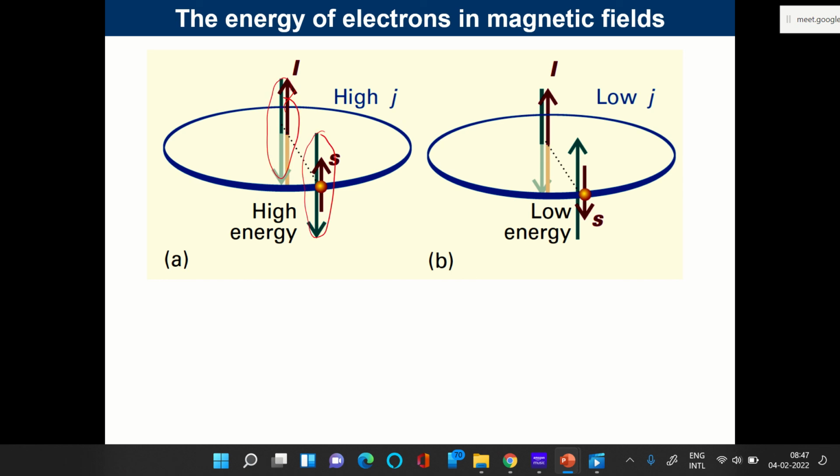Now suppose you change the spin, and it is pointing down. In this case, the direction of the magnetic moment is now pointing upward. In both cases we are assuming that the magnetic field is applied in this direction.